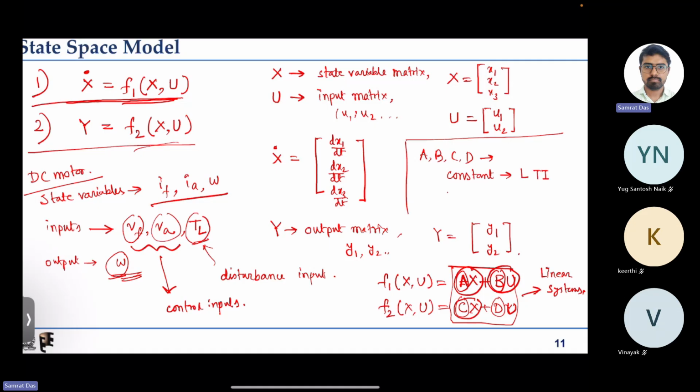But if A, B, C, D are functions of time, then the system is called a linear time variant system.